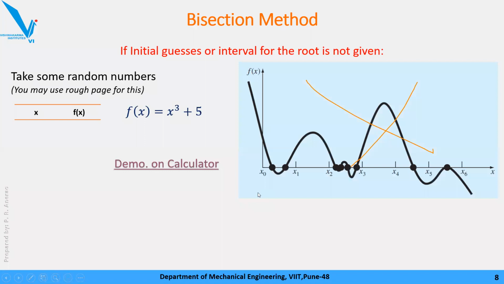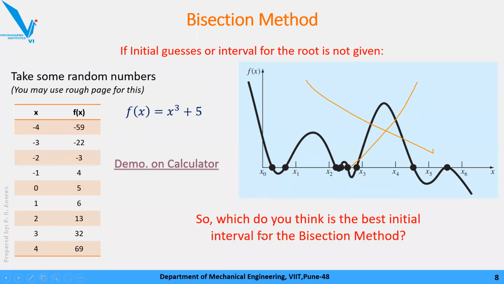So based on the demo given to you and this table, ये आपको table बनाना है rough में. Question is, which do you think is the best initial interval for bisection method? ठीक है, आपको answer लिखना है उसमें. Please go to that Google Sheet, put your roll number, that will be your attendance for today's session.